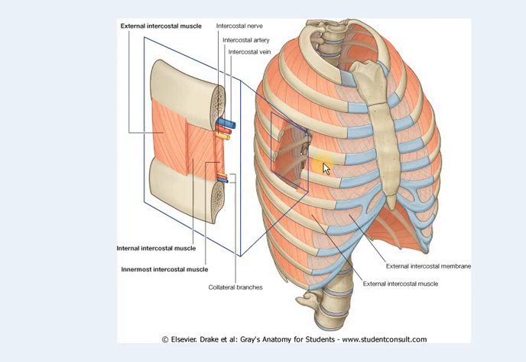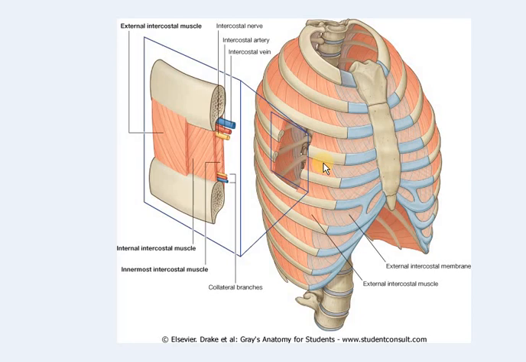There are 5 muscles in the thoracic region: external intercostal muscle, internal intercostal muscle, innermost intercostal muscle, subcostals, and transverse thoracis.